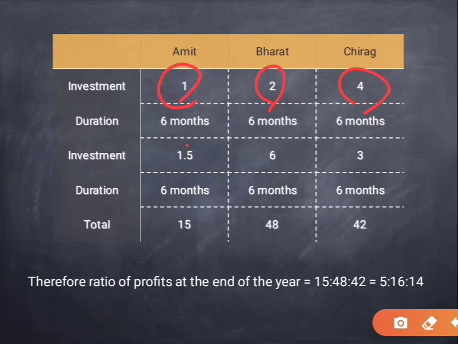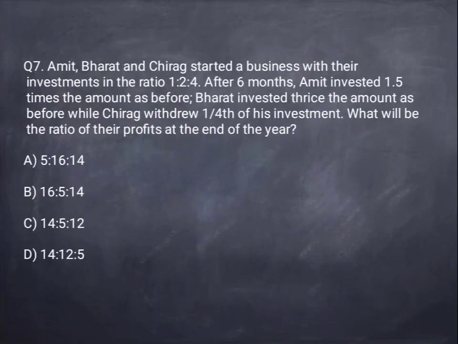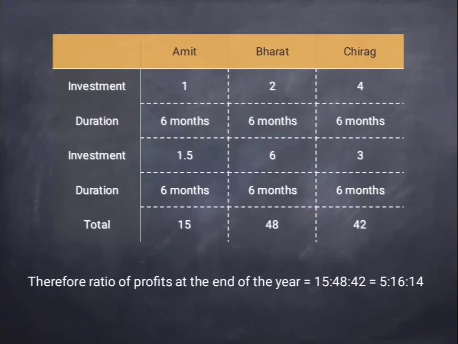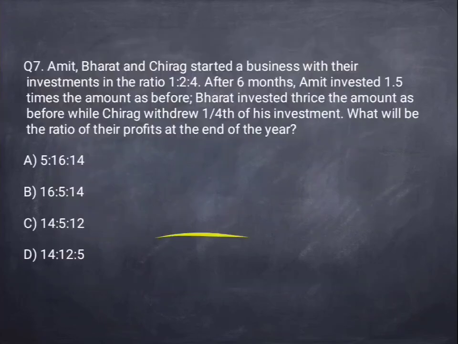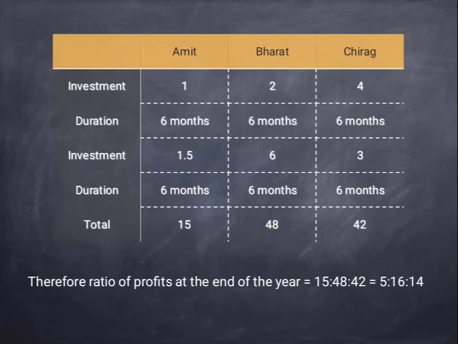Now after 6 months, Amit made the investment 1.5 times the amount as before. Therefore, what is 1.5 times of 1? 1.5. Now Bharat invested thrice the amount as before. Means 2 became 2 into 3, that is 6.